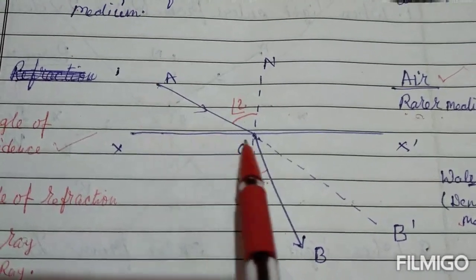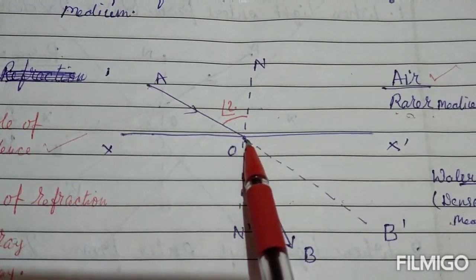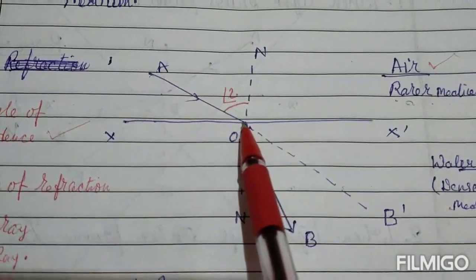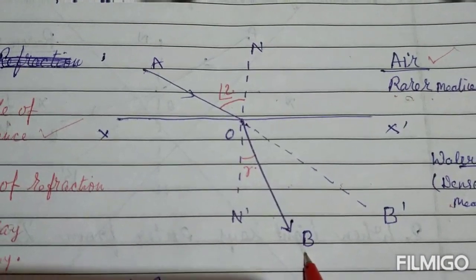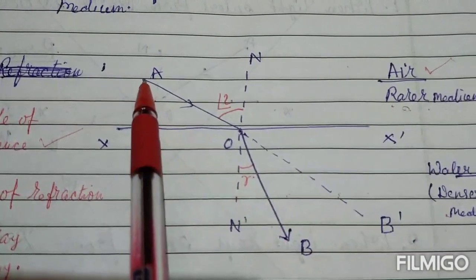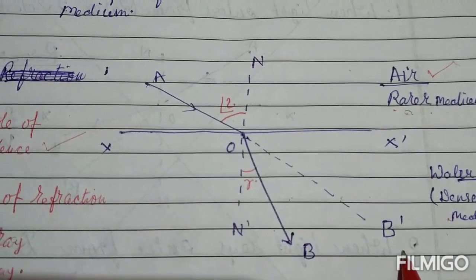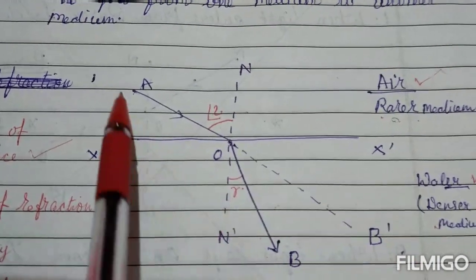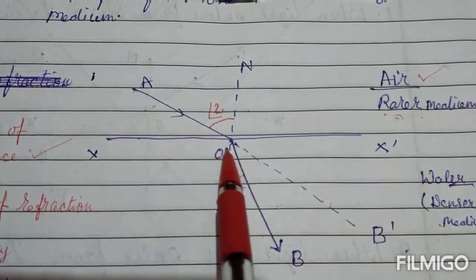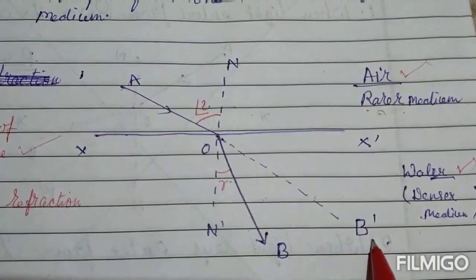Now AO is the incident ray. It falls on the interface obliquely and it will be refracted in the direction of OB. But here we are seeing that AOB dash is the actual path of light, because we already studied that light moves always in a straight line path. Light moves in a rectilinear path.